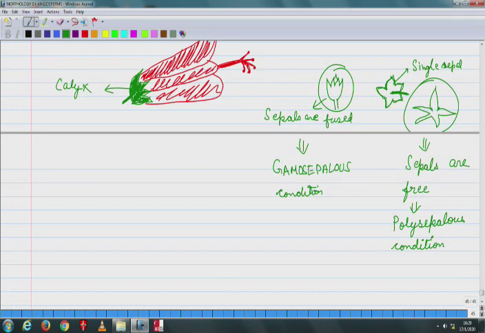Gamosepalous and polysepalous conditions are present. Function of calyx.